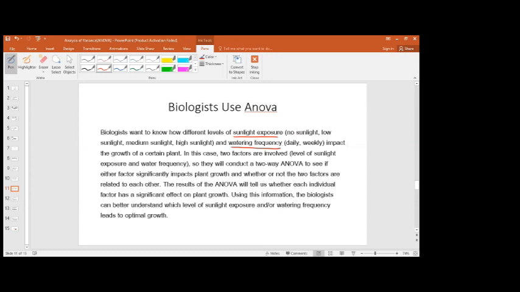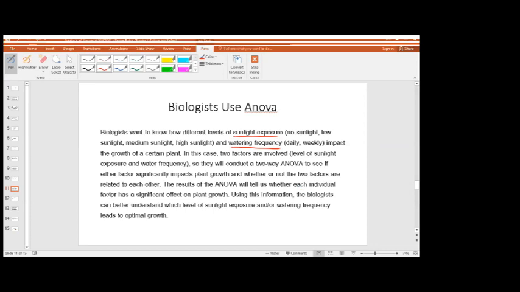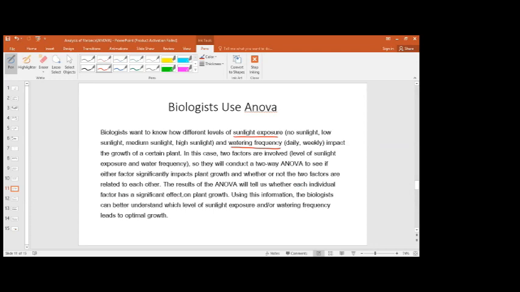So here we will apply two-way ANOVA to see if either factor significantly impacts plant growth and whether or not the two factors are related to each other. The results of the ANOVA will tell us whether each individual factor has a significant effect on plant growth. Using this information, the biologists can better understand which level of sunlight exposure and or watering frequency leads to optimal growth.